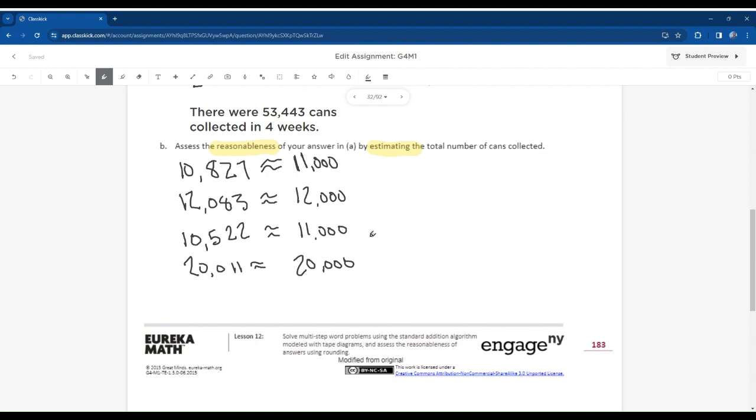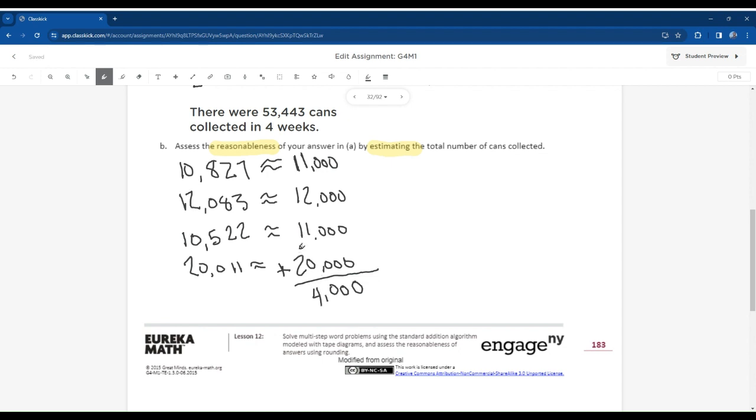So now we're going to take the sum of all 4 of these numbers here. So I'll just go ahead and add them because they're lined up pretty well here. We're not going to have any ones, tens, or hundreds because we've rounded to the nearest thousand. 1,000 plus 2,000 plus another 1,000 gives me 4,000.